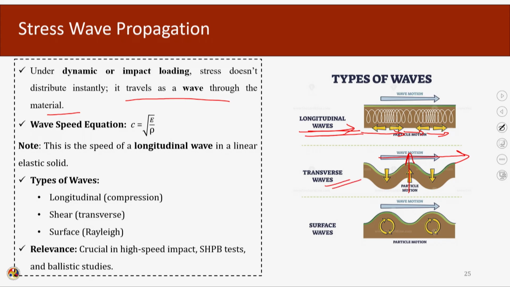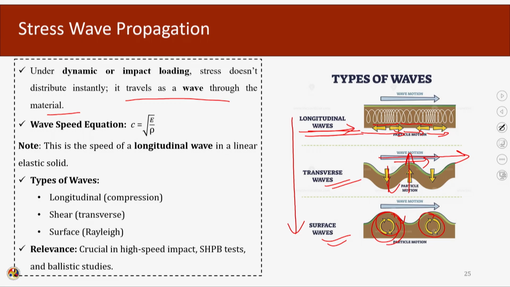And there are certain surface waves which occur in the topmost layer of the material also. So, these three types of waves are present: compression-tension, particle motion perpendicular to the wave motion, and particle motion occurring in a circular fashion on the surface.